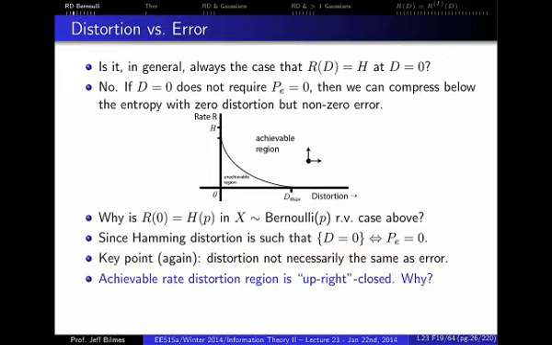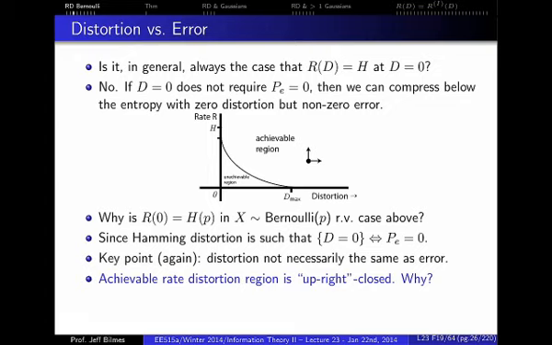Now the other thing that should be intuitive, we mentioned this last time, is that the achievable rate distortion region is upright closed. Why is that? I said it last time, but let you think about it for a minute again. What you said was you can always add extra noise bits, and that'll move you up, right? That's right. You can always add extra bits.